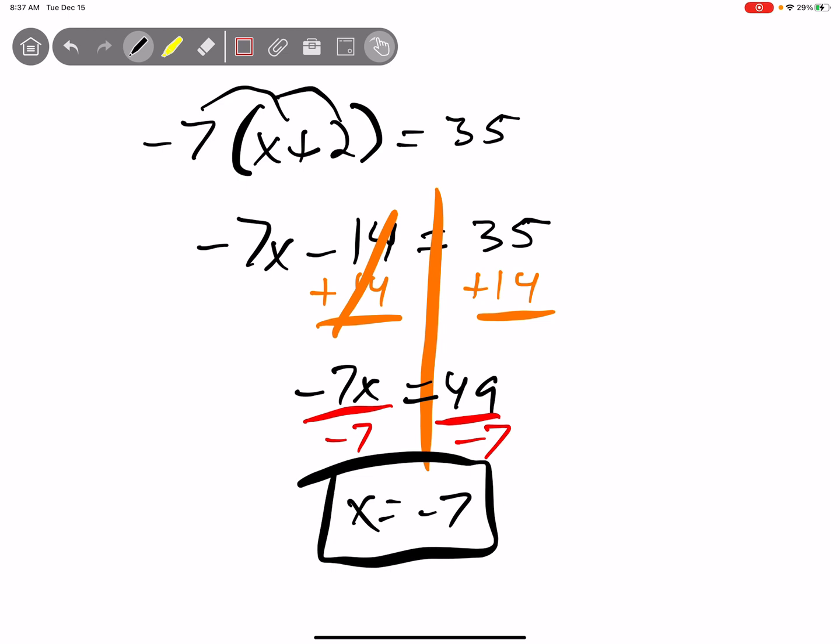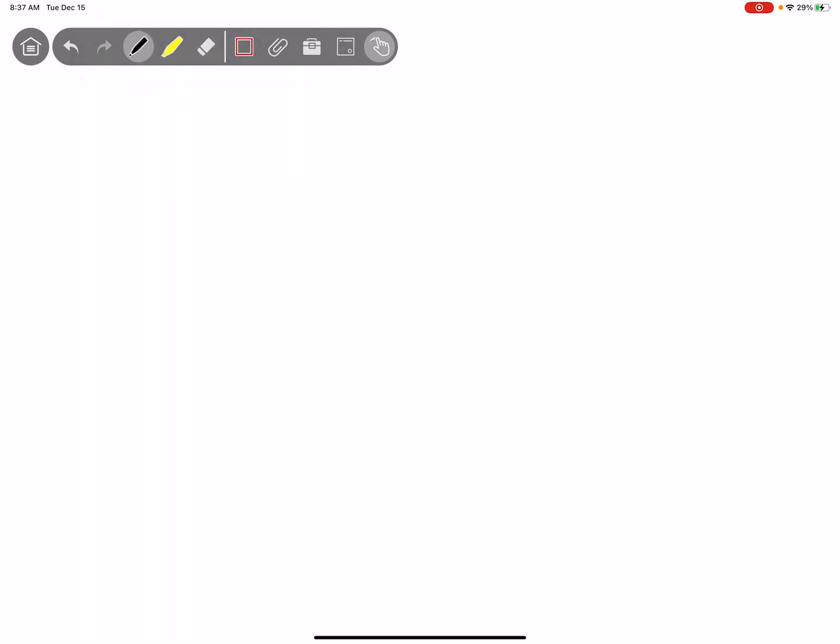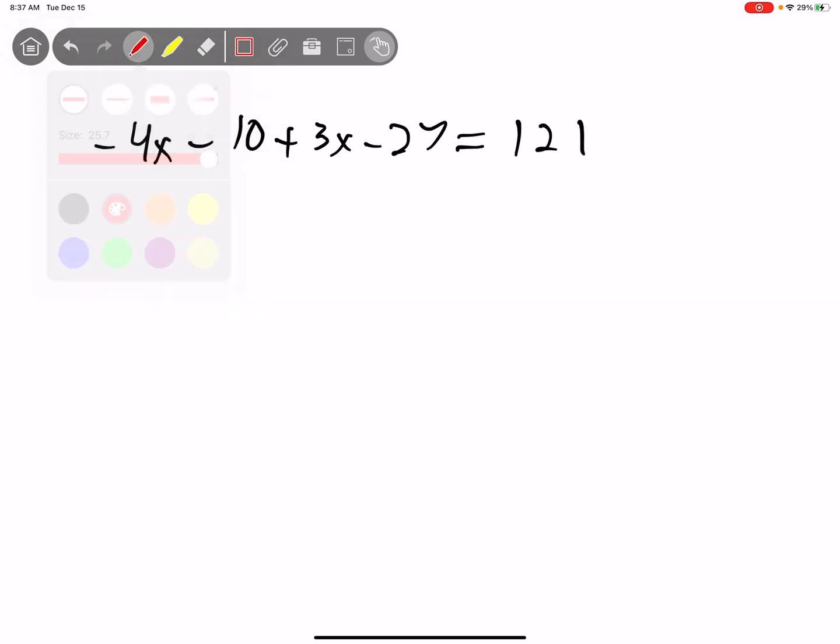And then finally, the last one, we had negative 4x minus 10 plus 3x minus 27 equals 121. Now remember, in this situation, I want to take all my like terms and combine them. So I'm going to circle all my x terms, and I'm going to make sure that I take what's in front of it too, if it's a minus or a plus, because that's going to tell me if it's positive or negative.